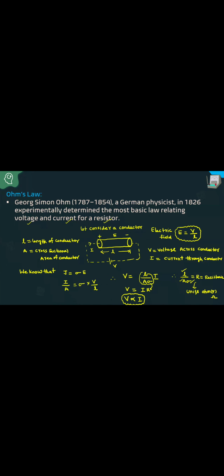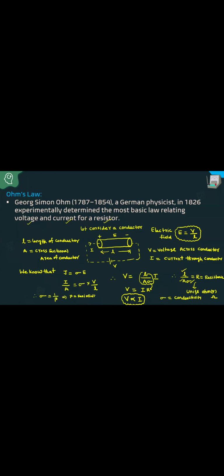If the area increases, resistance decreases. If conductivity increases, resistance decreases. Where sigma is the conductivity. We can also write conductivity equal to 1 by resistivity. What is rho here? Resistivity.